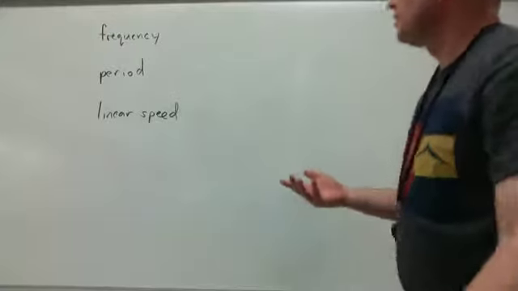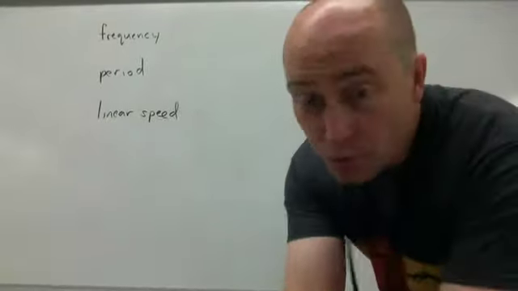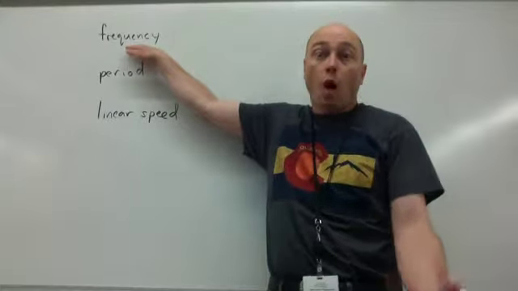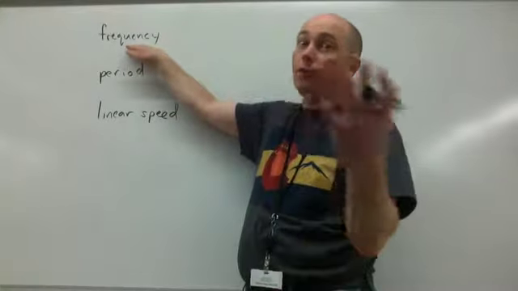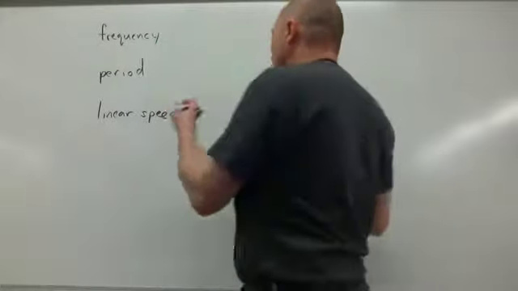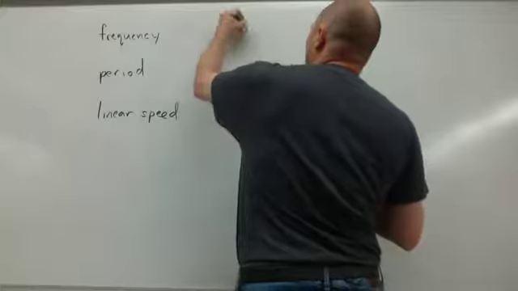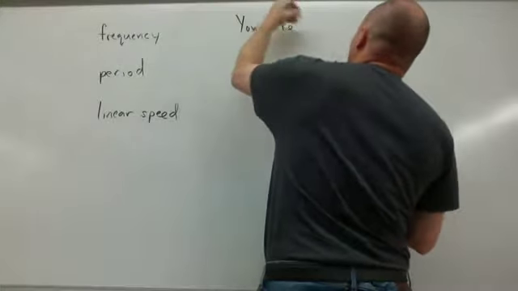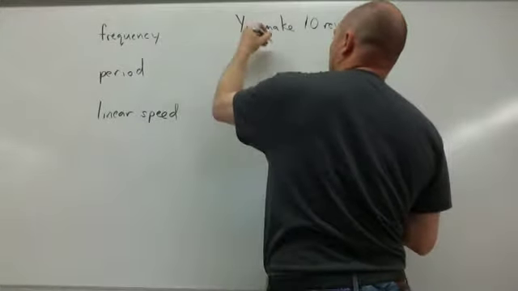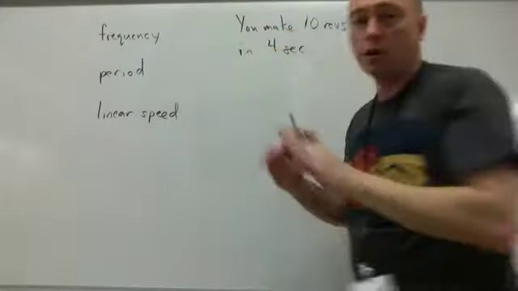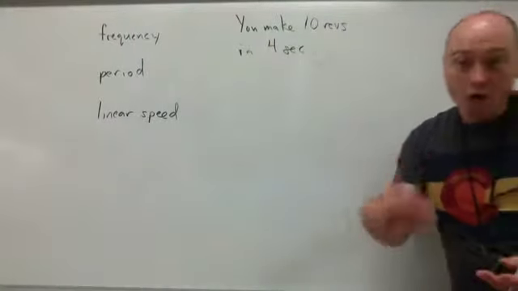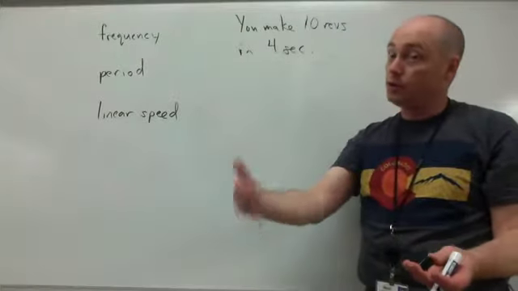But if you take a look at this, again, don't memorize stuff. If you think about the word frequency, why is it called frequency? Because we're talking about how frequent something happens. So if you make 10 revolutions in, I don't know, 4 seconds, I'm just making up some numbers here, how frequent is a revolution happening?